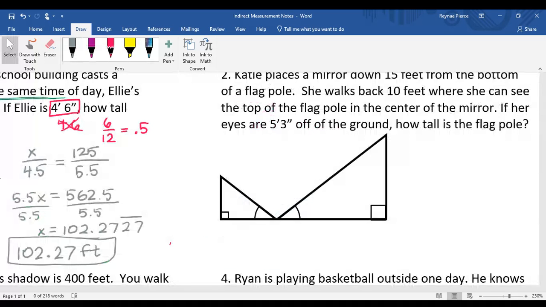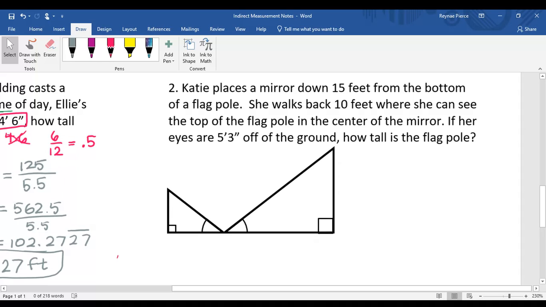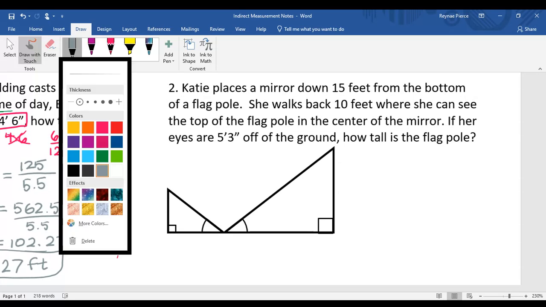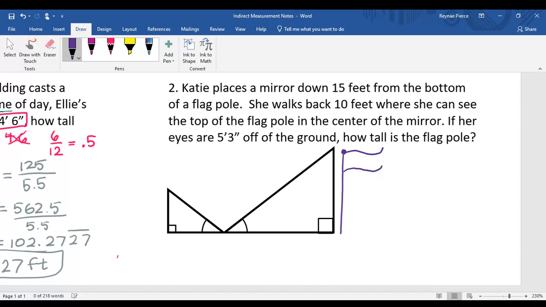Okay, number 2, Katie places a mirror down 15 feet from the bottom of a flagpole. Okay, so let's use purple. Here's our flagpole. And this here, where the two triangles are touching, is our mirror.